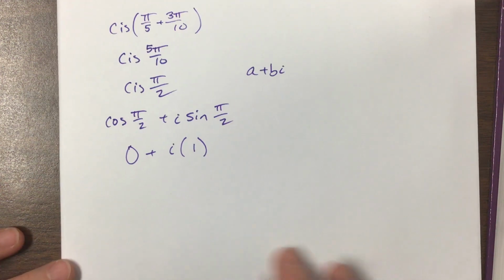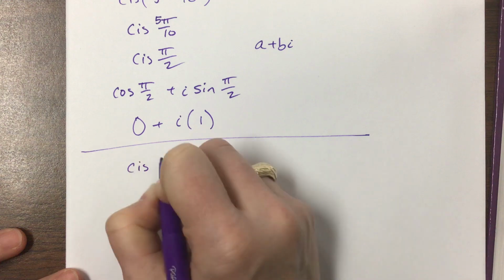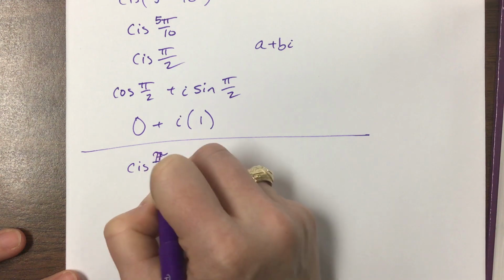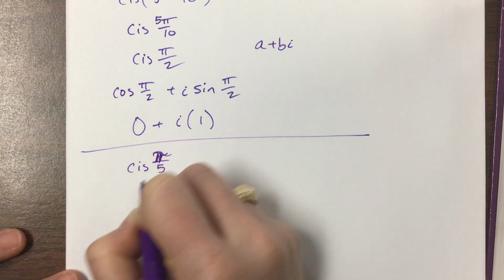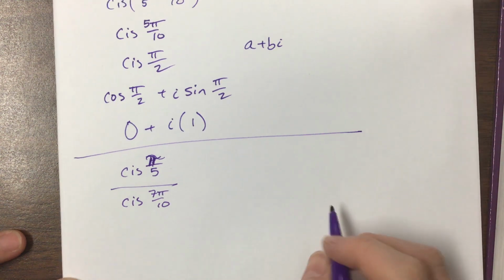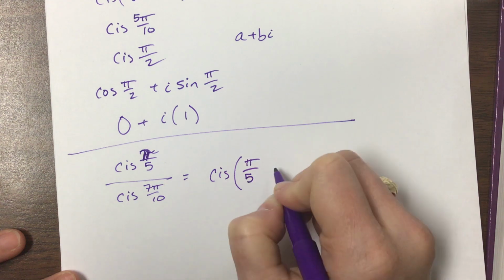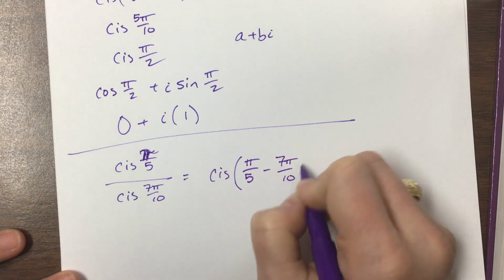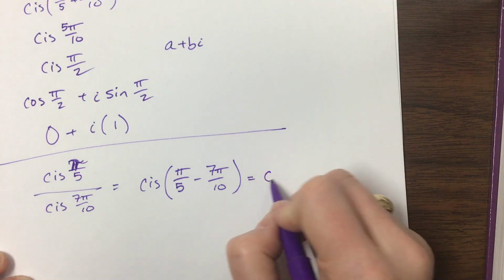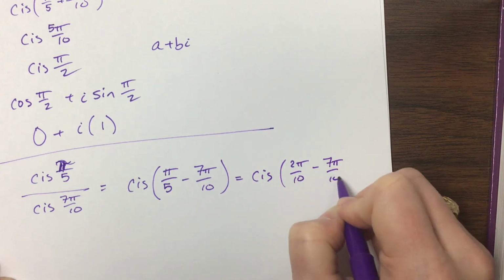Let's look at one where we divide. The next one that the book has us work through is cis of pi over 5 divided by cis of 7 pi over 10. We talked before about how in this situation we can subtract our arguments. Here I'll write it out: 2 pi over 10 minus 7 pi over 10.